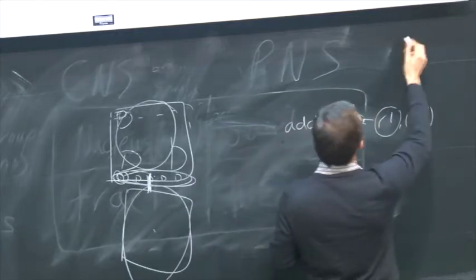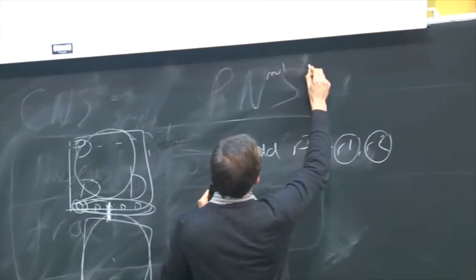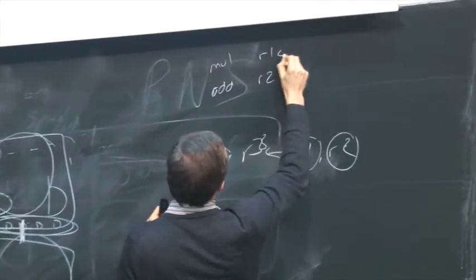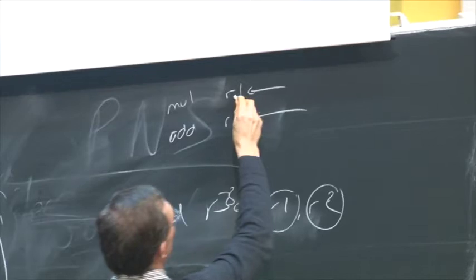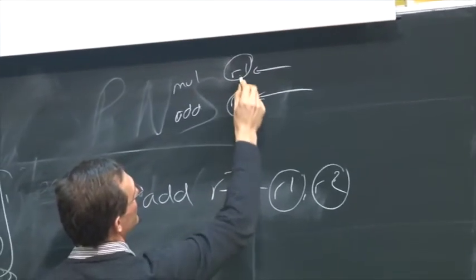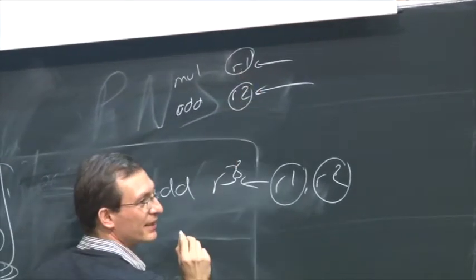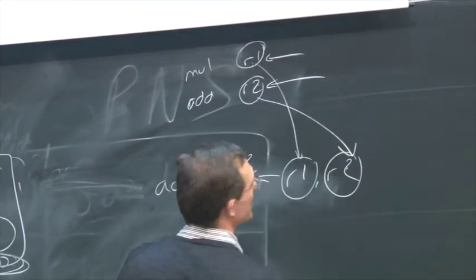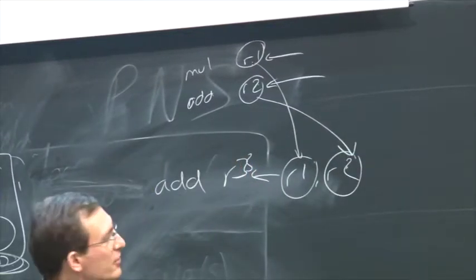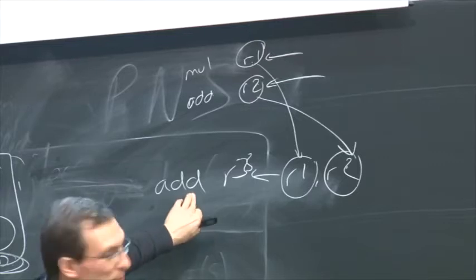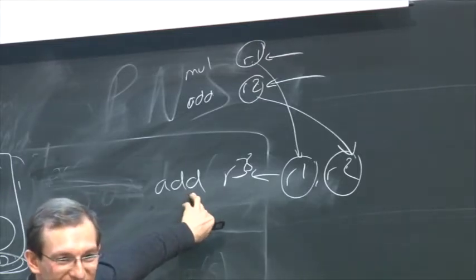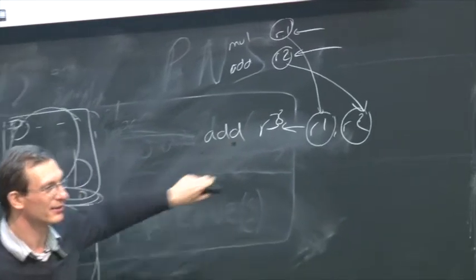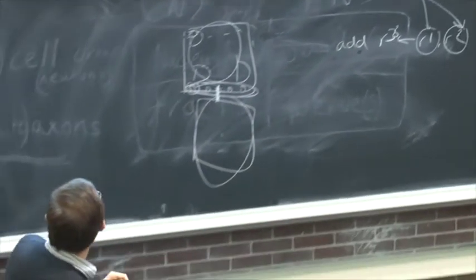And when some other instructions, let's say a multiply producing R1 and an add producing R2, produce R1 and R2, these become ready. And somehow when both of these values become ready, the computer goes and fetches the add and then executes it. Very different, right? No more program counter.